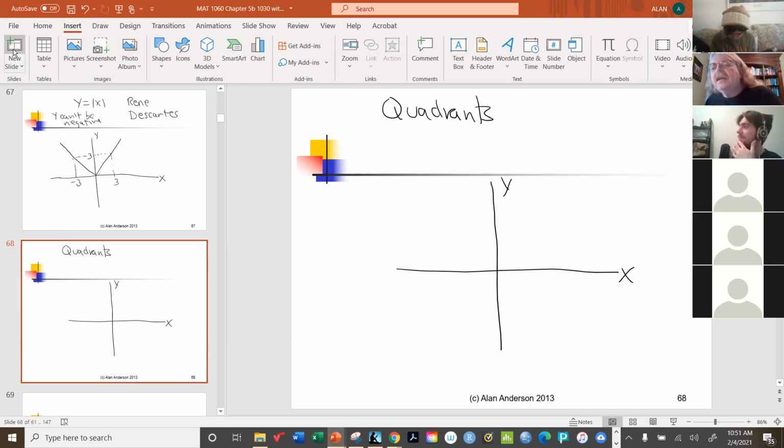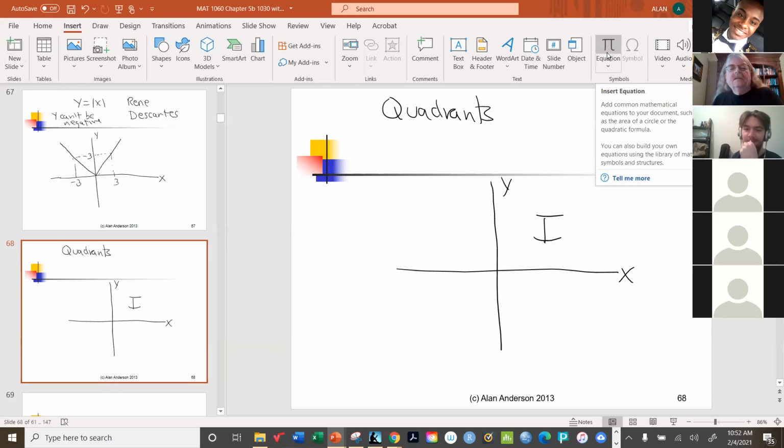So here's a trivia question for you. Which of these four quadrants is considered to be the first quadrant? Well, surprisingly enough, it's this one. Yes, exactly. You got it right. It's the top right.